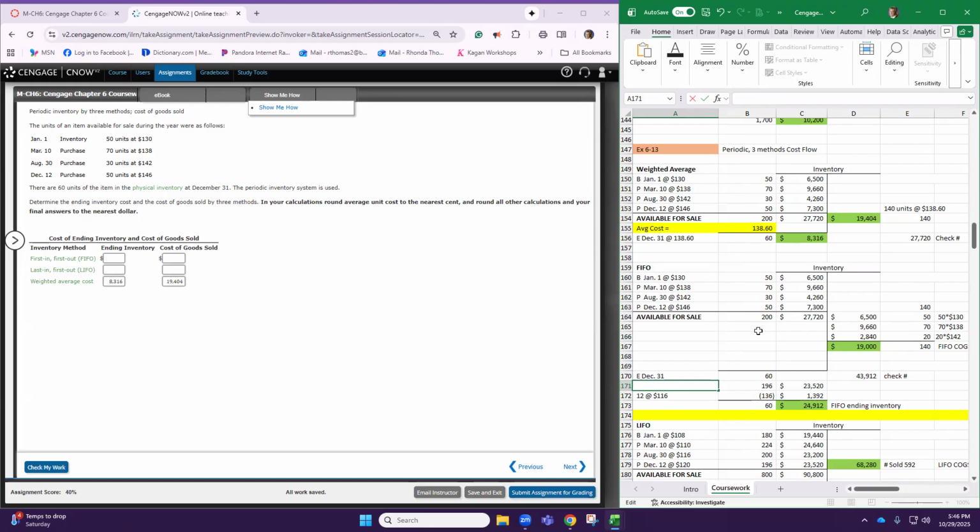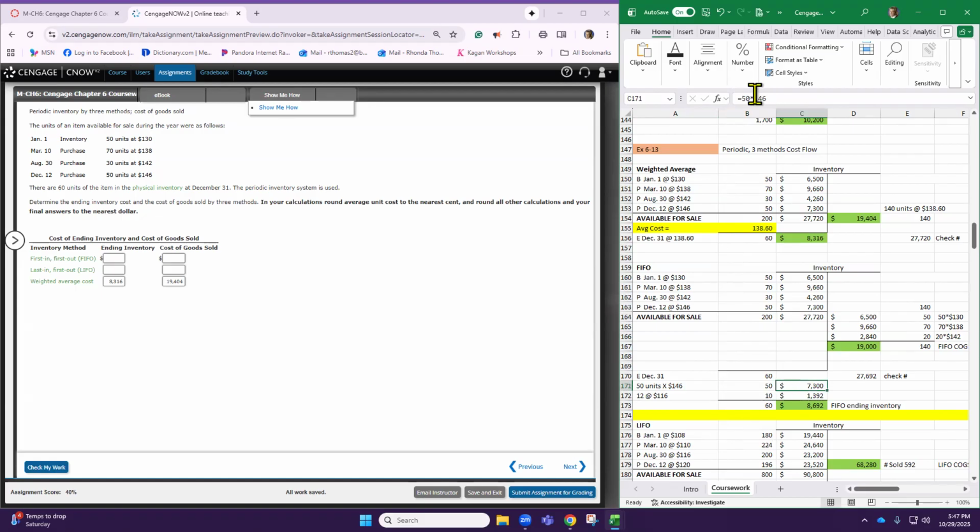So that last layer is still sitting here because this is first in, first out. 50 units times 146. Okay, so we're going to do that math. 50 units times 146 is 7,300. So 50 and 10 is your 60.